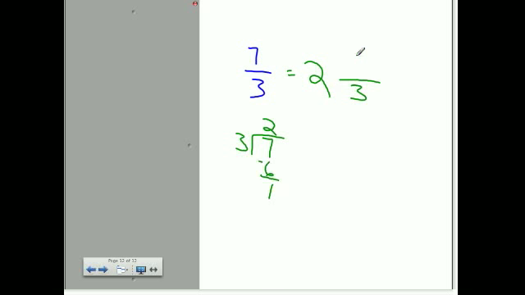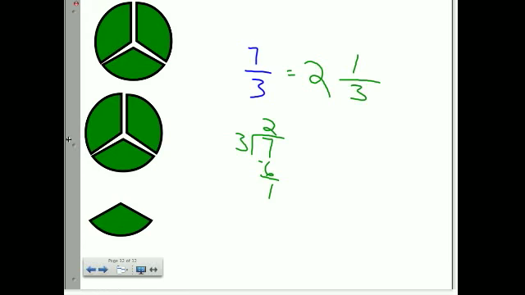And then I've got 1/3 left over, so 7 thirds is equal to 2 1/3. You can see over here we have 2 circles and 1/3 of another one, or we have 1, 2, 3, 4, 5, 6, 7 thirds.